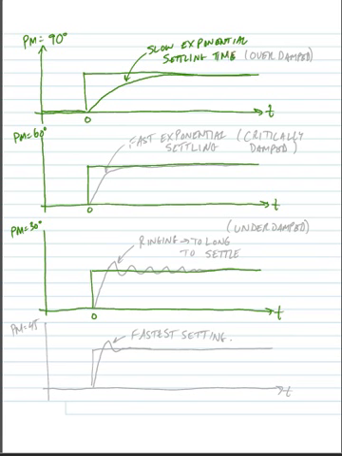So just like ringing, this is not desired. We don't want it because it's too slow to get to what we want. Now, if we have a phase margin of 60 degrees, we have a faster exponential settling time. And I'm exaggerating these curves, but the bottom line is this is a fast exponential settling time.